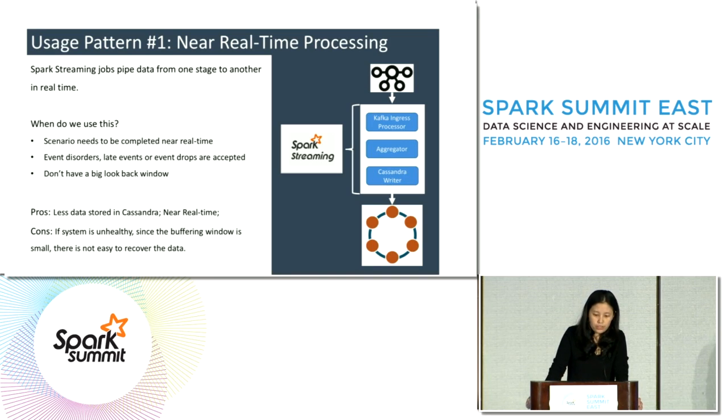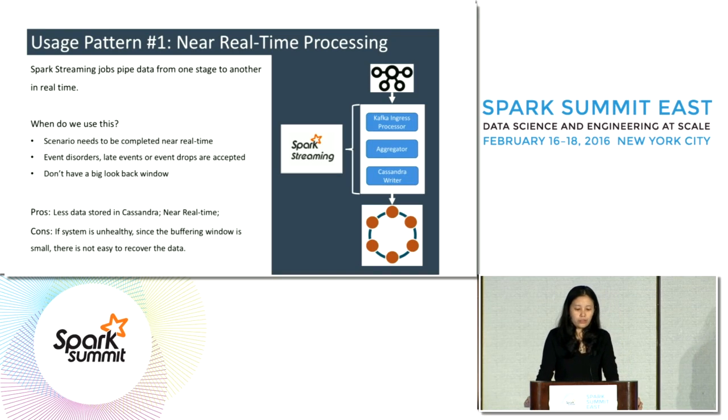We use this usage pattern in multiple scenarios. One example is the service scenario that Pavni introduced before: detect the impact of a service incident in real time and narrowcast the status to the users. This usage pattern works very well if the scenario does not have a big look-back window.